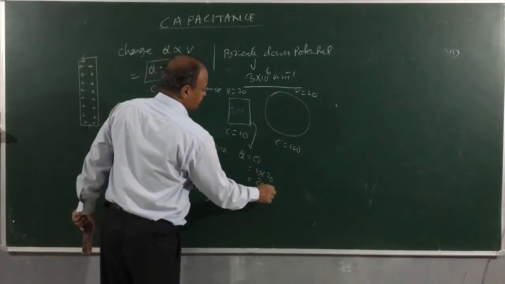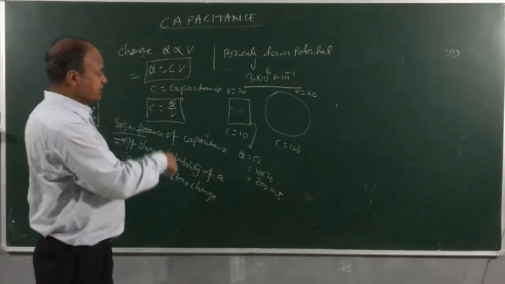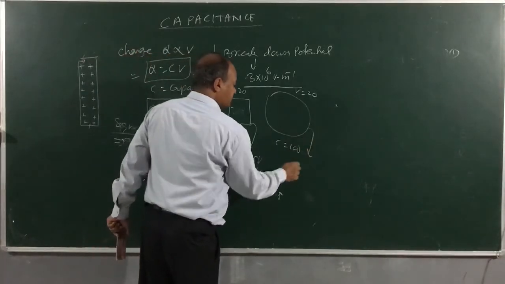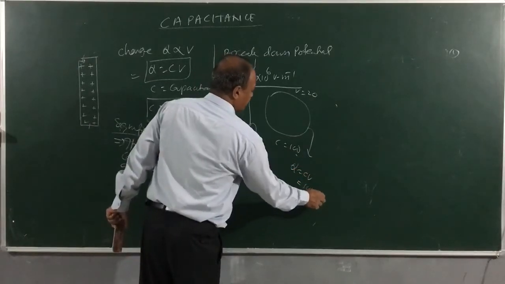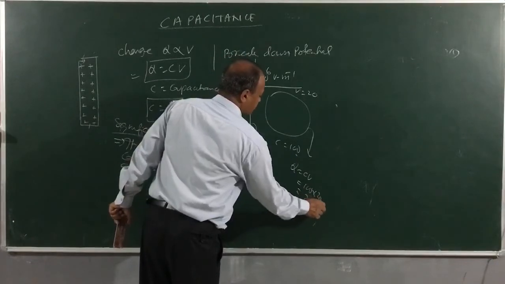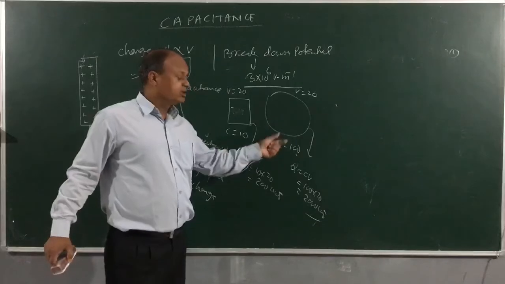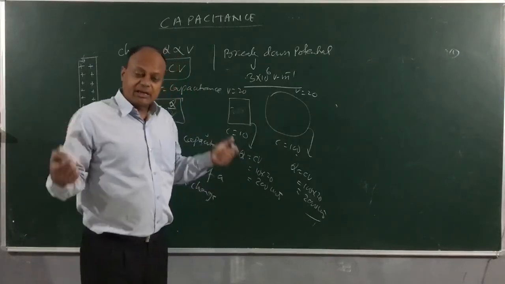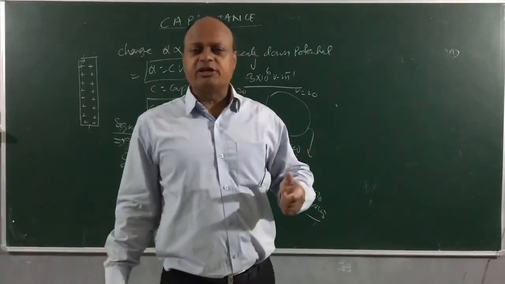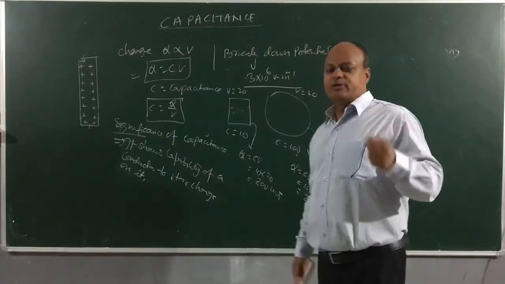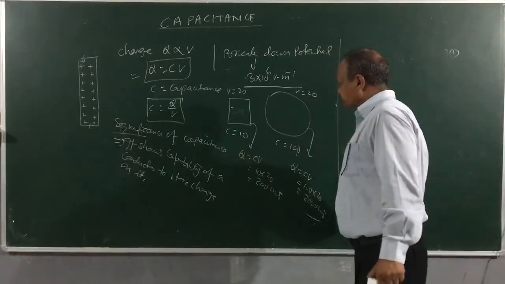So how many units of charges will be stored? 200 units. But when I look at the second conductor, how much charge will be stored? C into V. C is 100, V is 20, 2000 units. So you can see, the more the capacitance, the more the capability of the conductor to store charges. So this term C is a beautiful term, and it will show us how much charge a conductor can store in it. Are you able to understand it now?